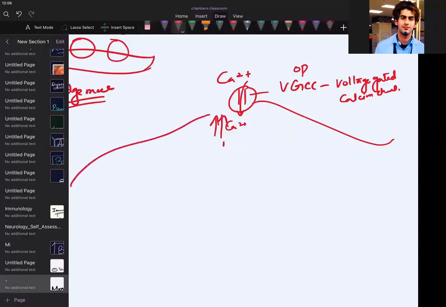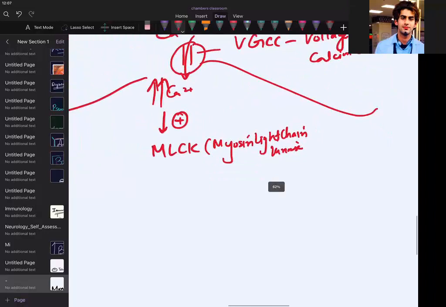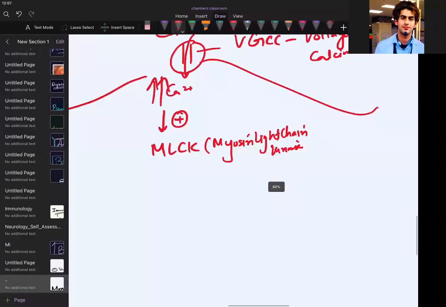When calcium comes inside, it will stimulate the myosin light chain kinase through phosphorylation, and then you have contraction.